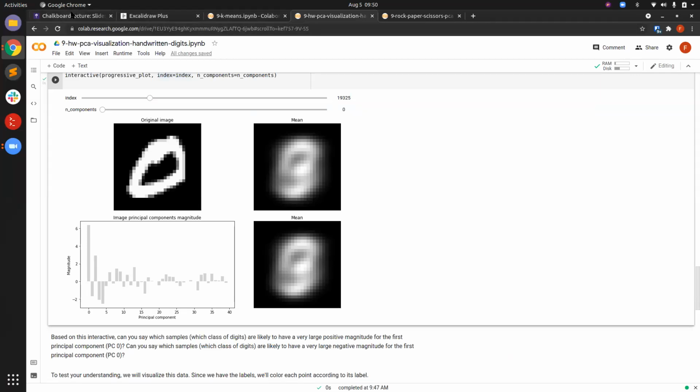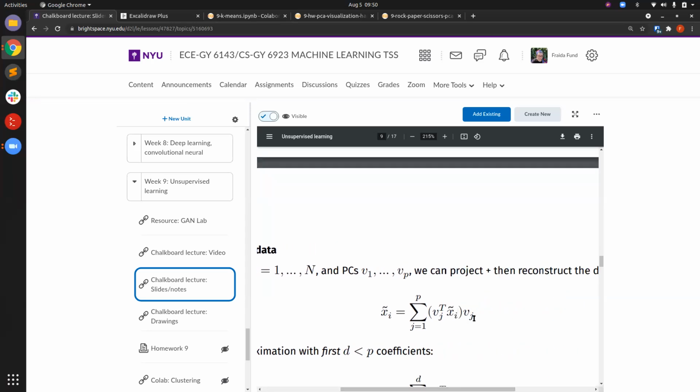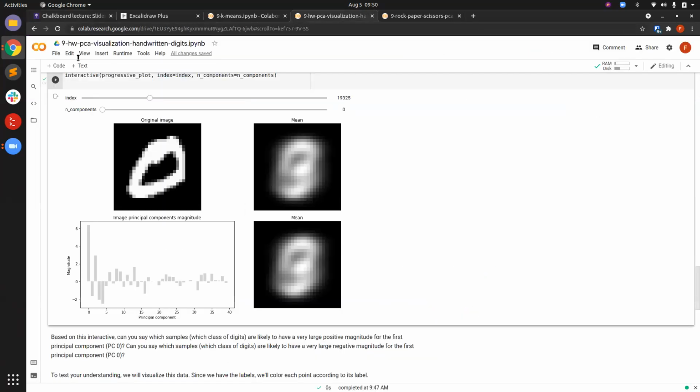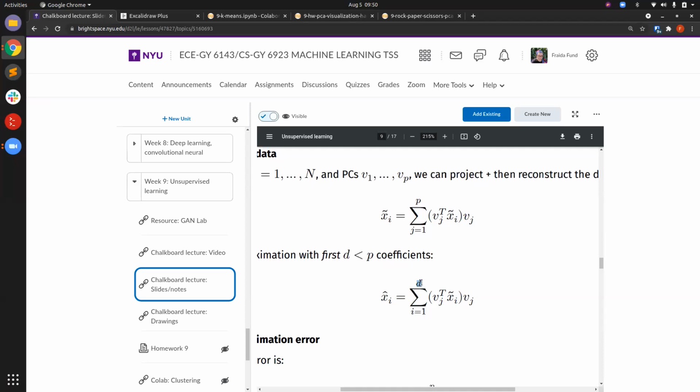So remember, each principal component vector is 784 dimensional in this case, because the data is 784 dimensional. So I have 40 of these vectors. For each principal component, I'm going to show you the actual vector here. And in this image, I'm going to show you the magnitude of that principal component. And then up here, I'm showing you the reconstructed image using D principal components.